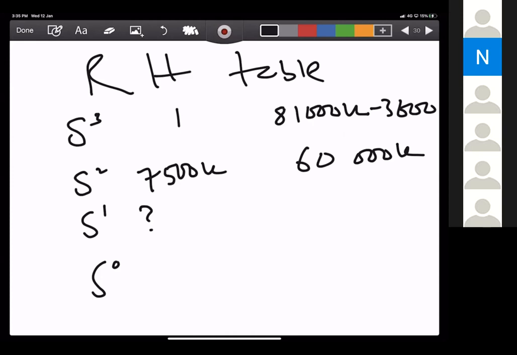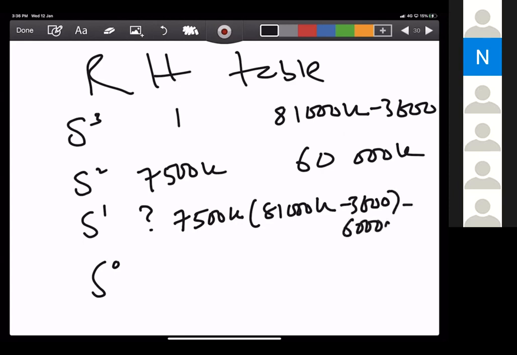Final answer lah terus. Awak yang pakar sekali. Saya makan coklat dulu. 7,500 K in bracket 81,000 K minus 3,600, close bracket, minus 60,000 K over 7,500 K. Panjang kan?